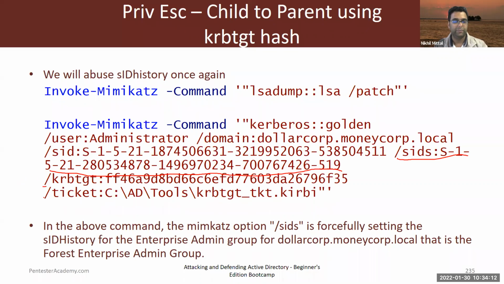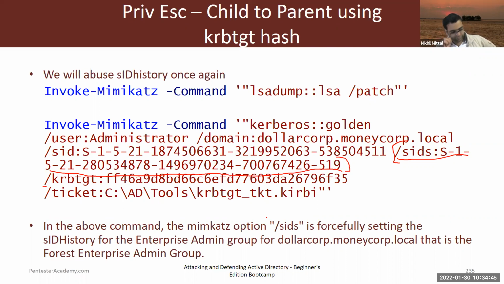You are still using the same krbtgt hash, the same SID, etc. The only difference between your normal golden ticket and this one is the SID history option. So why would this work? This means that you need not even extract the trust key. If you have the krbtgt hash, you own not only the current domain, but the entire forest.